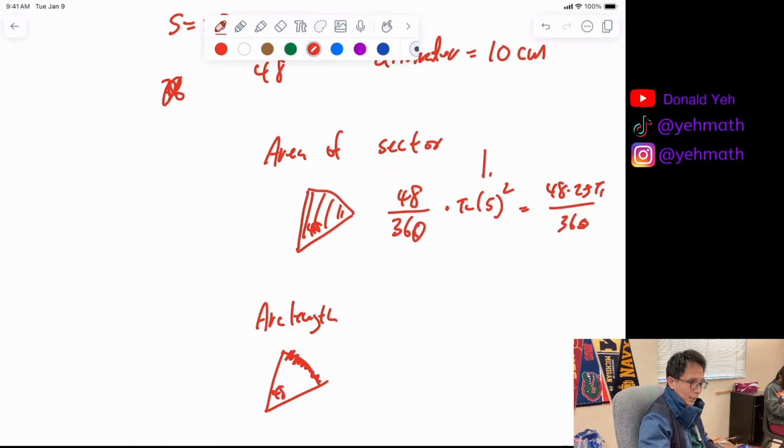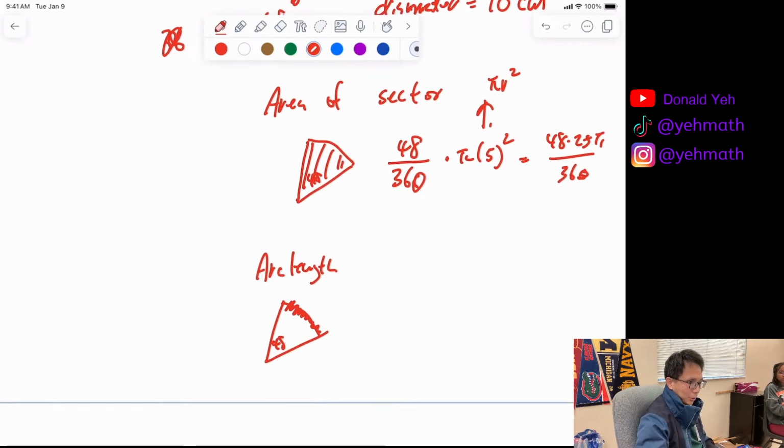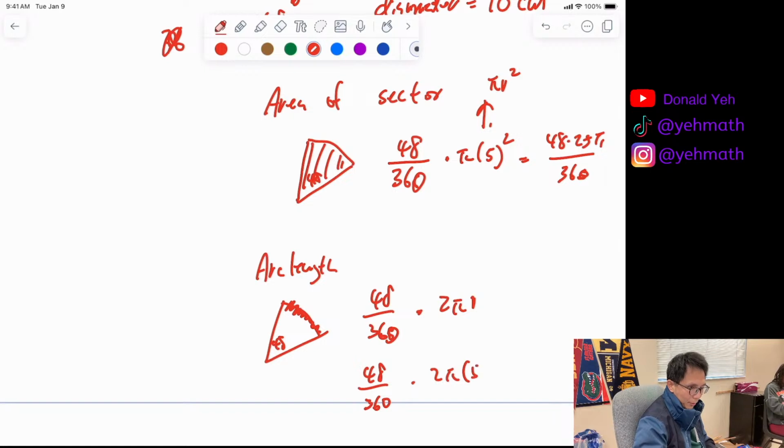Because this is pi r squared, and 48 out of 360 means I'm asking for only 48 slices out of 360. I can use the same idea for the arc length: 48 over 360, but times the circumference, which is 2 pi r, which is 48 over 360 times 2 pi times 5.